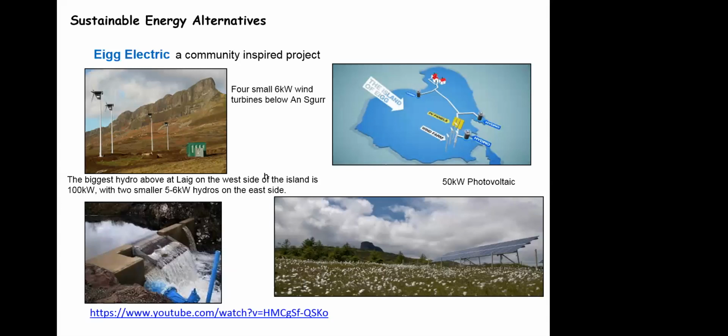That provides part of the energy, which travels to a station where they have batteries. They also have some solar panels, 50 kilowatts of photovoltaic, which also feeds into the batteries. And they have 6 small scale hydroelectric.